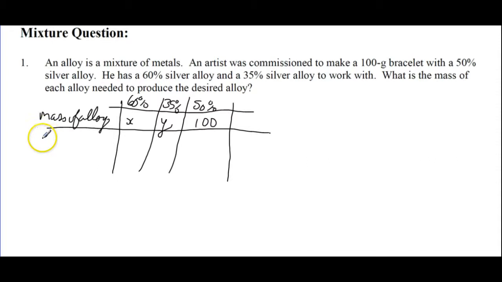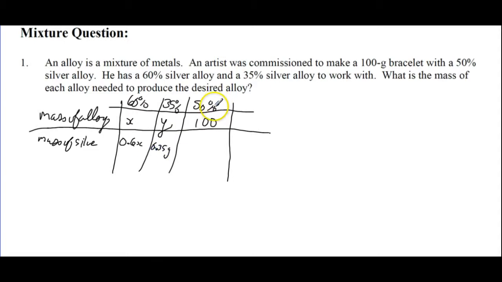And, well, how much silver will we actually have? So mass of silver. So the 60% alloy, so 60% of x is 0.6x. And 35% of y, because 35% of this is silver, is 0.35y.